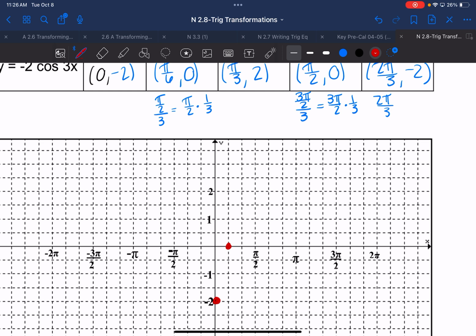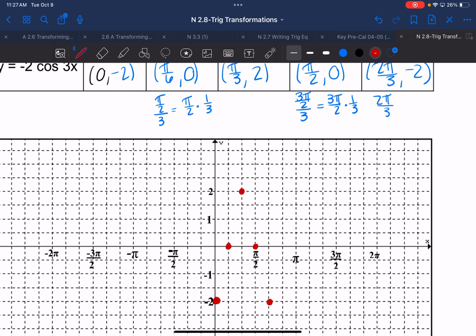Pi thirds is the same as 2 pi over 6, so one more line over, and I'm supposed to have a point up here at 2. Then I'm at pi halves, 0. And then I'm at 2 pi thirds, negative 2. So one more line over, and I'm back down here.